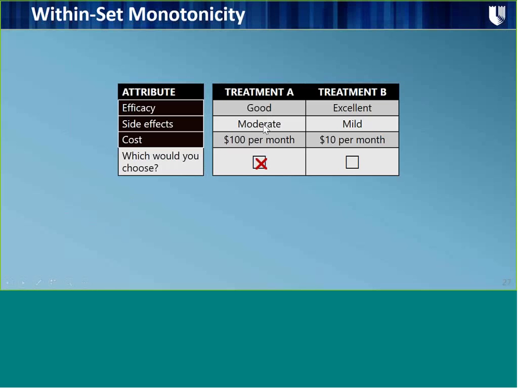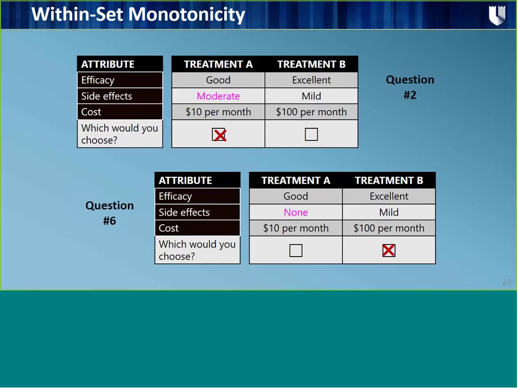The side effects for treatment A are moderate, but for treatment B, they're mild. And for costs, they're $100 a month instead of $10 a month. So anybody who's paying any attention would pick B, but this person picked A. So that's a test of, the technical term is within set monotonicity. The term we use is the bozo test.